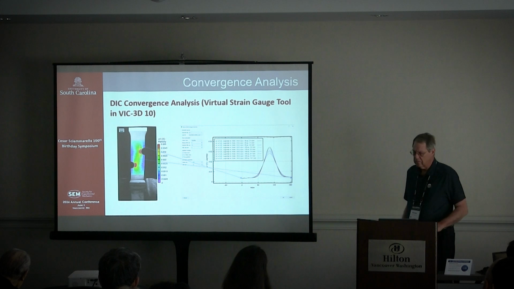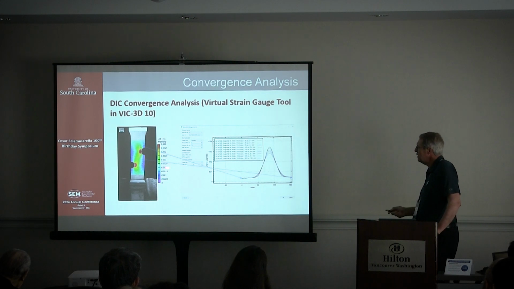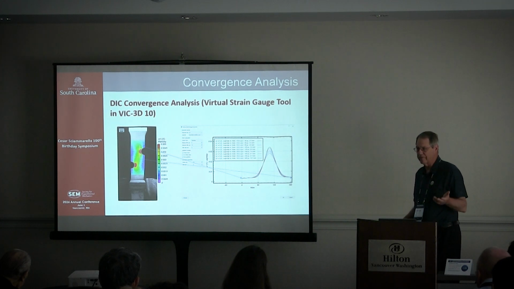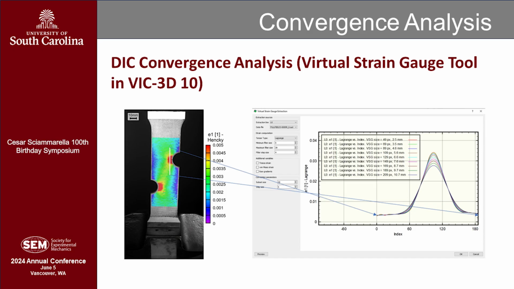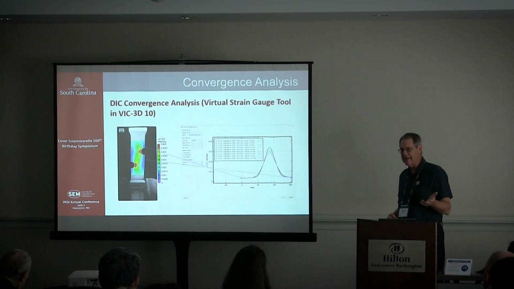Okay. So one may ask, how do you know what subset was best? Why did you pick 45 by 45? You can do that in all sorts of different ways. What we opted to do was take a line of data here and choose different subset sizes. We plotted the vertical strain along that line for different subset sizes, and we chose the subset that gave us the best approximation to the gradients.